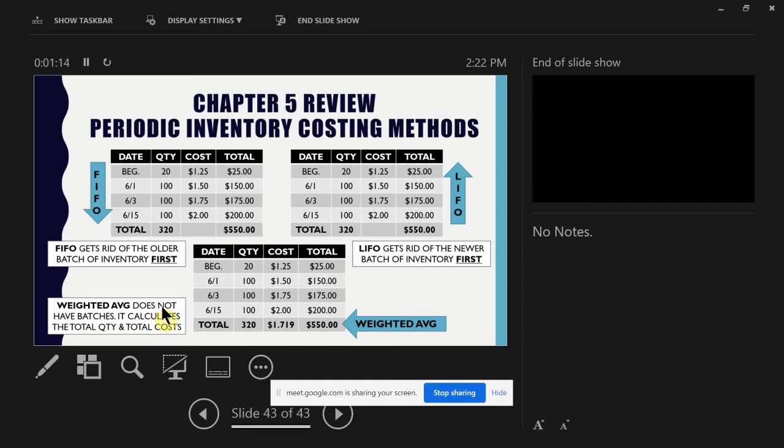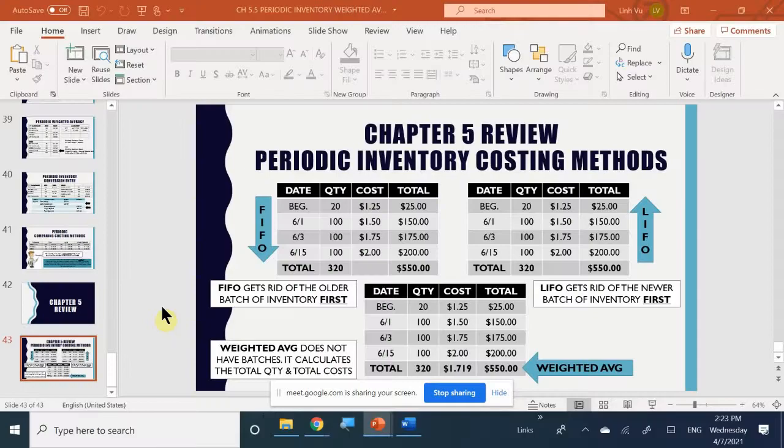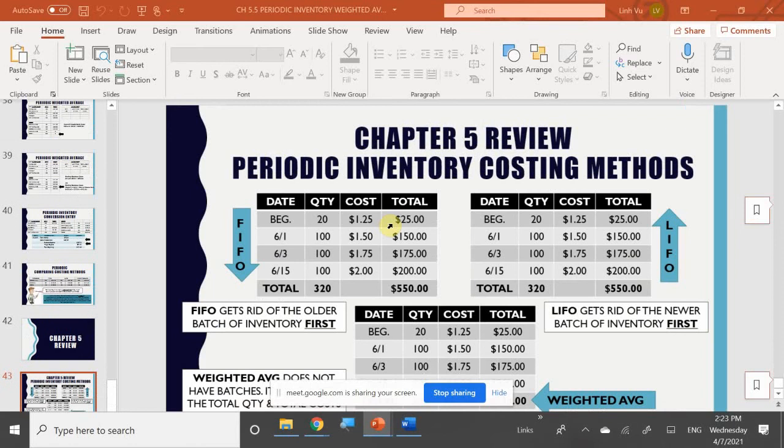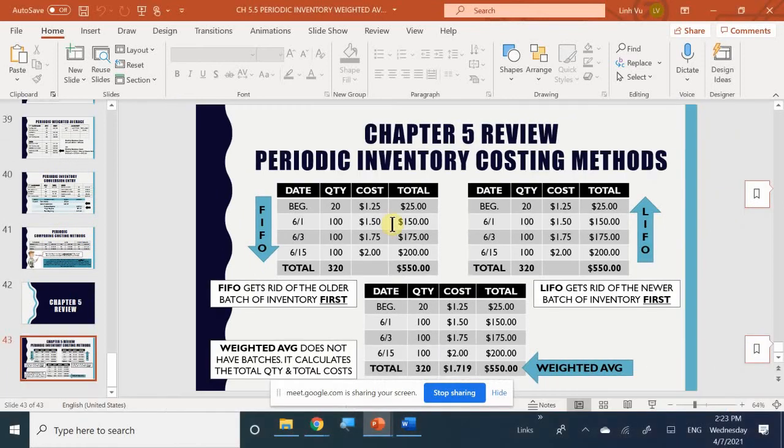So that's what I just wanted to make sure that you understood in this part, but we will go over an example of every single one. And that's pretty much all I wanted to say from the chapter on FIFO, LIFO, and weighted average.